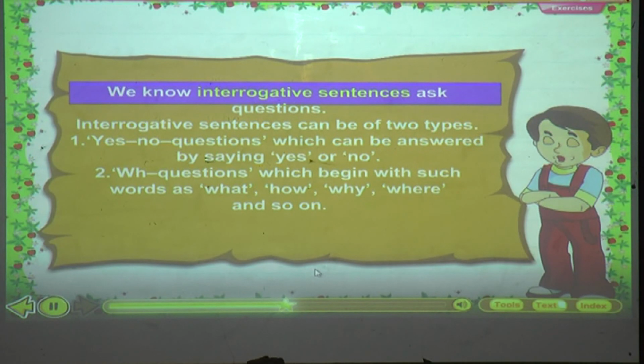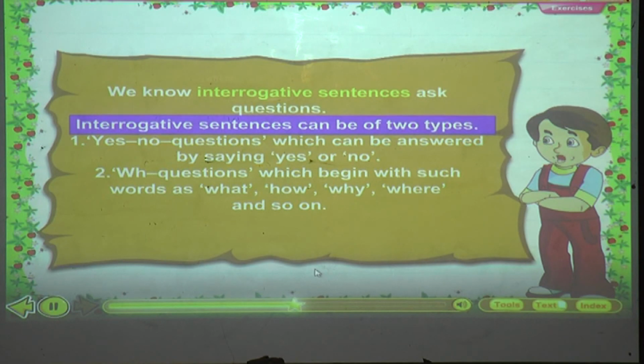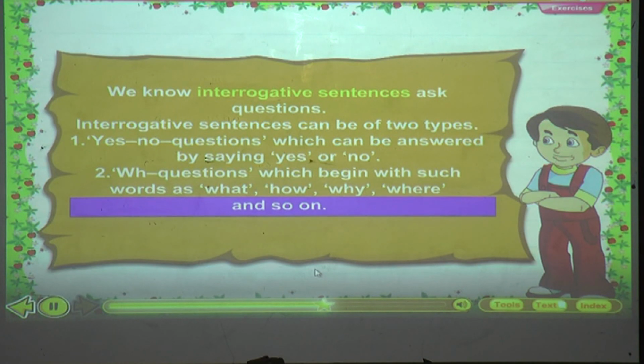In interrogative sentences, we ask questions. Interrogative sentences can be of two types. Yes/no questions, which can be answered by saying yes or no. Verb questions, which begin with such words as what, how, why, where, and so on.